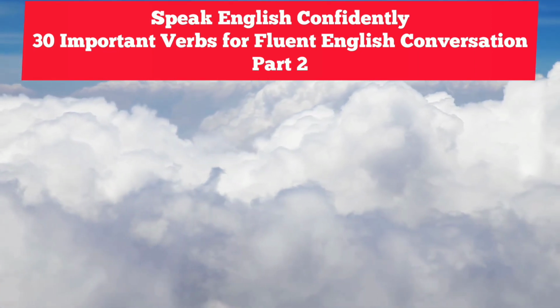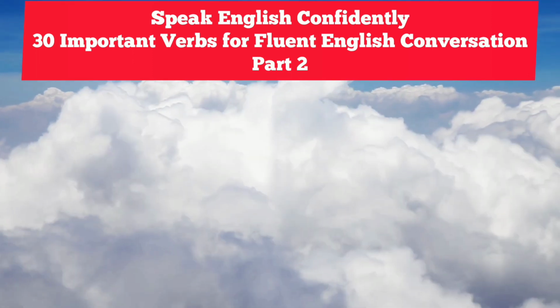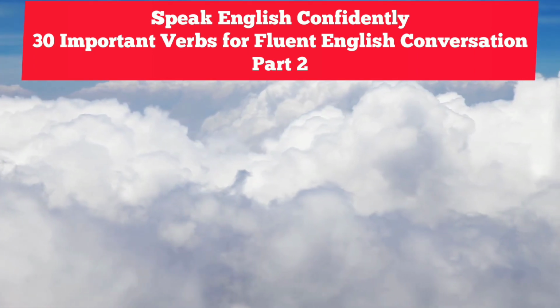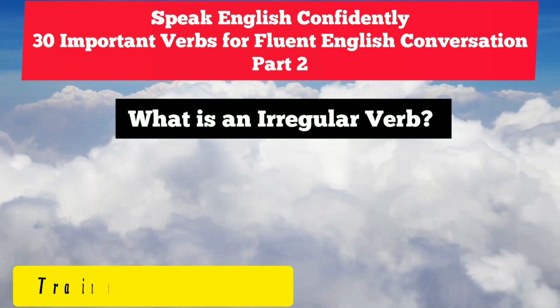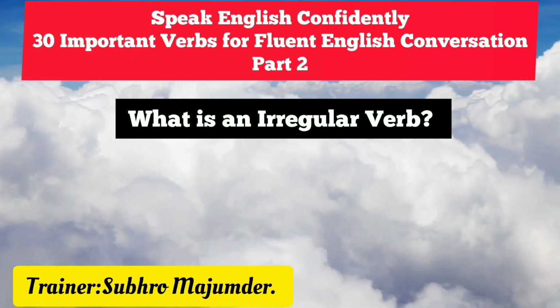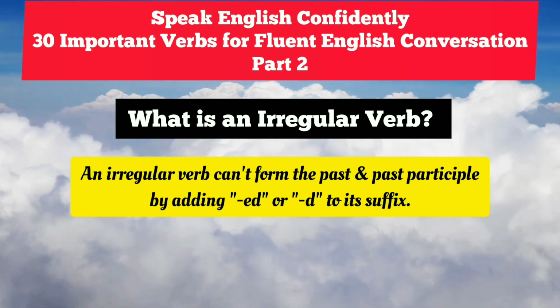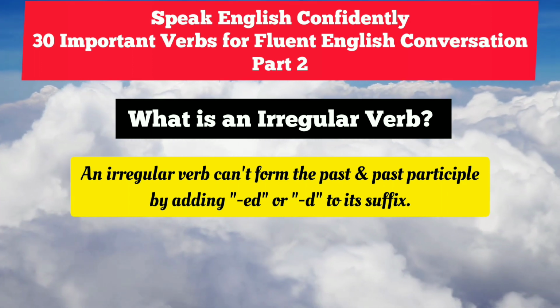And before I start discussing the first 15 verbs, that is first 15 irregular verbs, let me tell you what is an irregular verb. Let me just give you a brief idea. As you see on your screen, an irregular verb is a particular verb that can't form the past and the past participle by adding ed or d to its suffix.